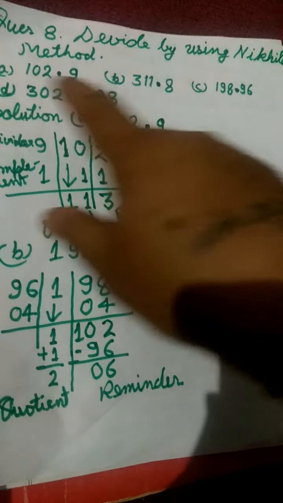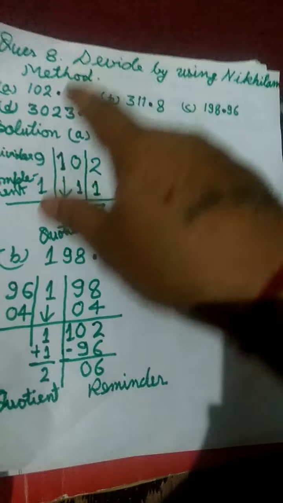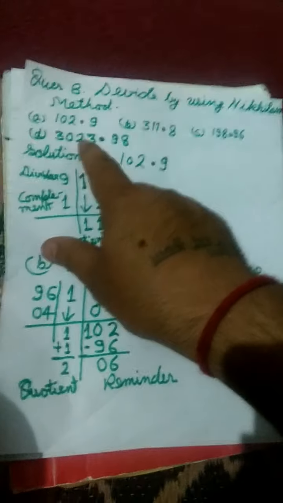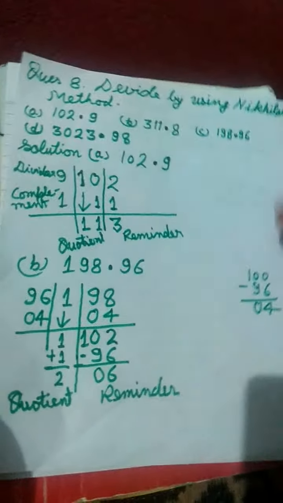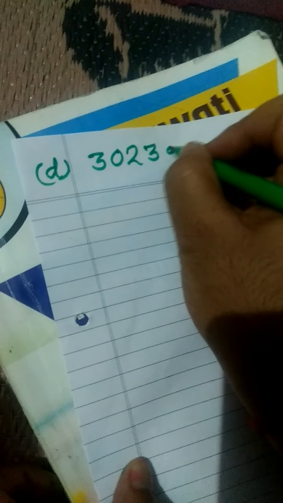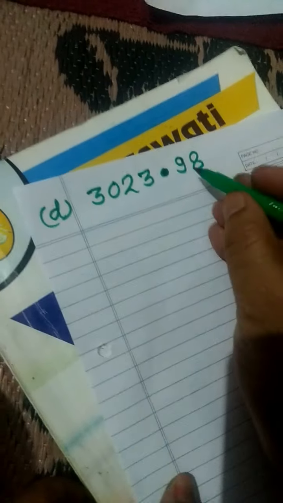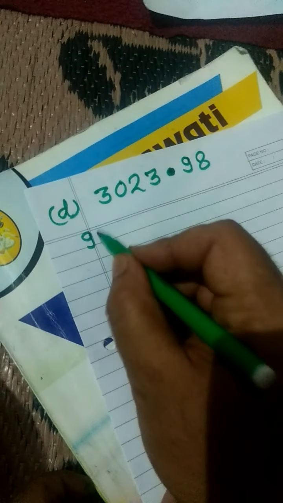Now we will solve the D part of this question. Divide by using Nikhilam method. 3023 divided by 98. We will write it on the next page. 98 is the divider.